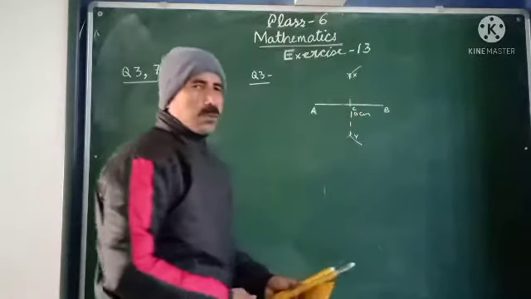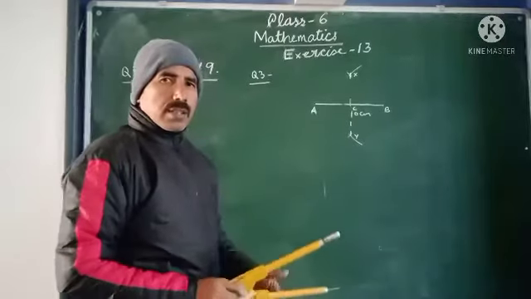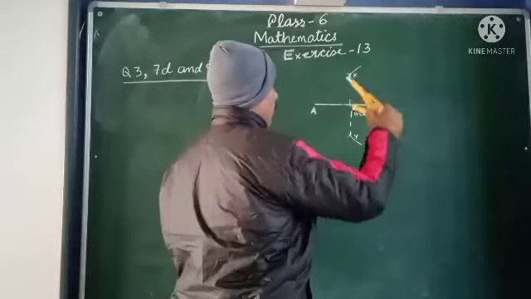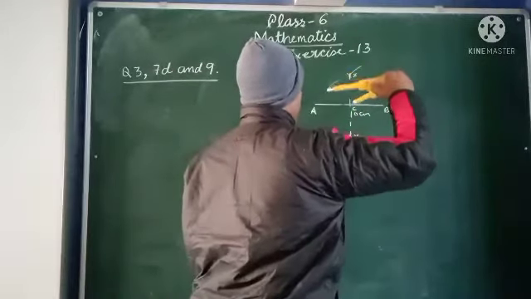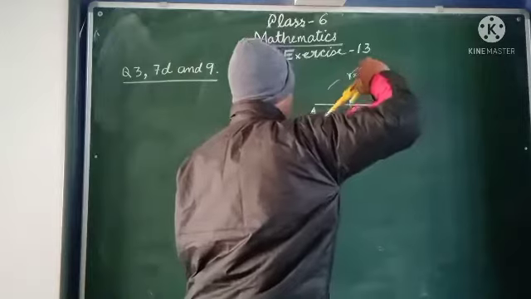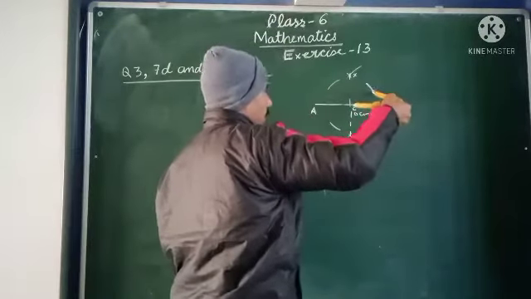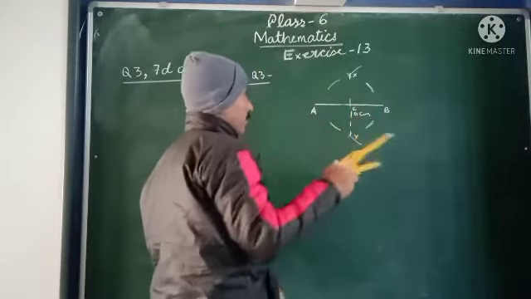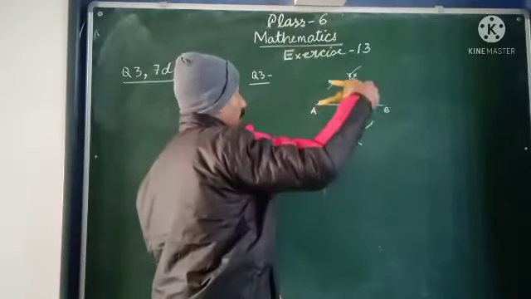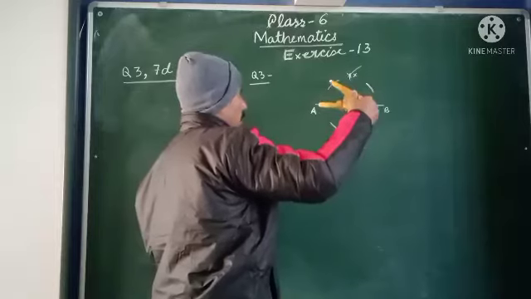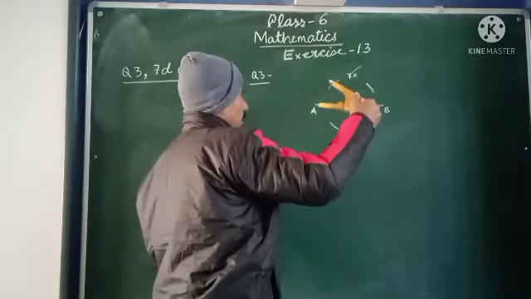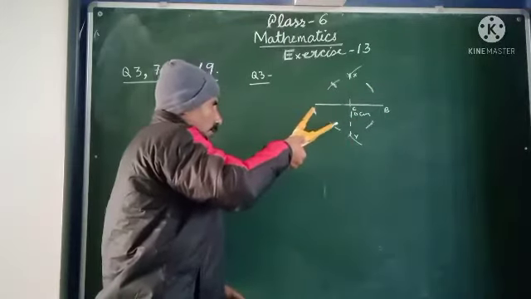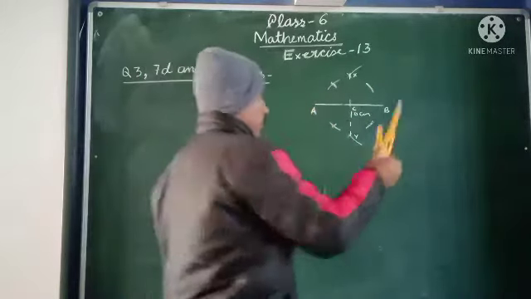Now each of these 2 parts can be divided further into 2 equal parts. So we will get a total of 4 equal parts. You can see here, again on this side, then from A on both sides, and the same from B we will do here.